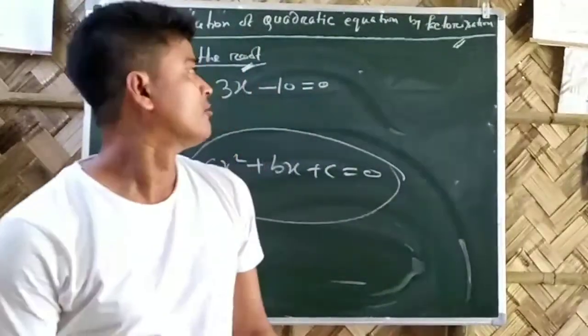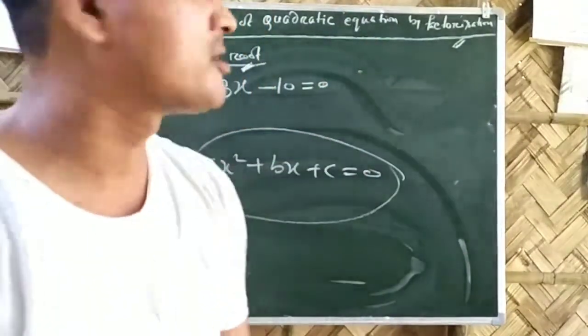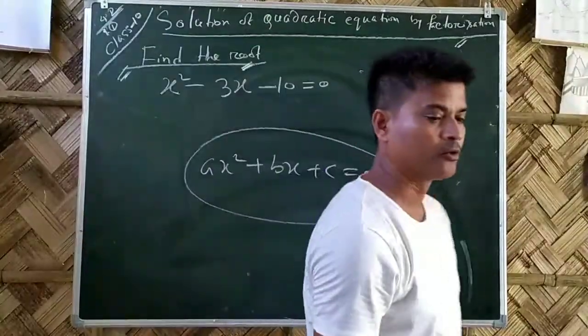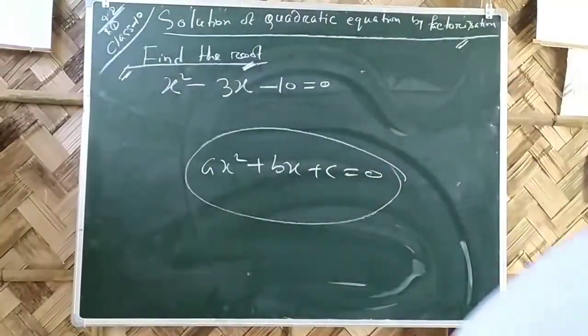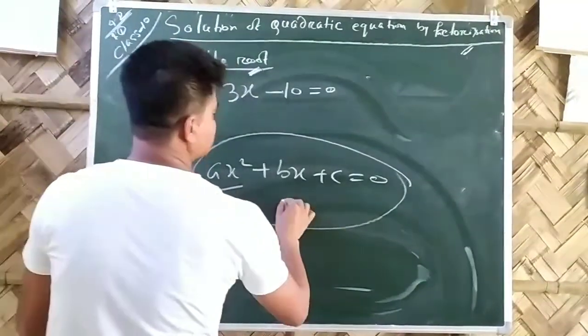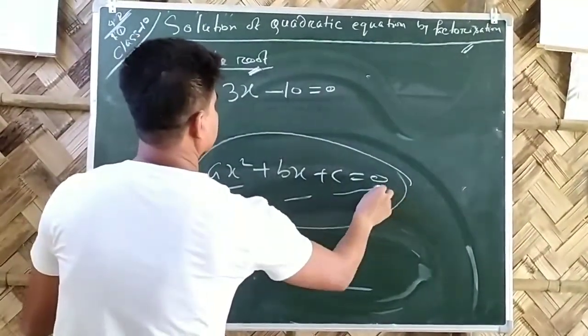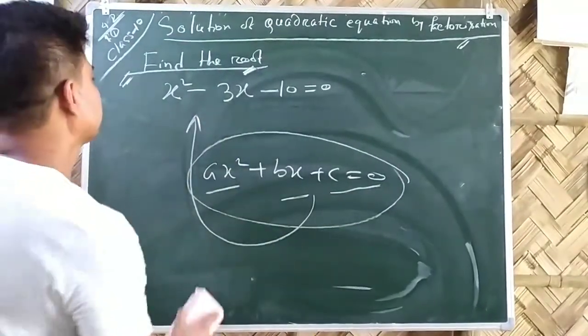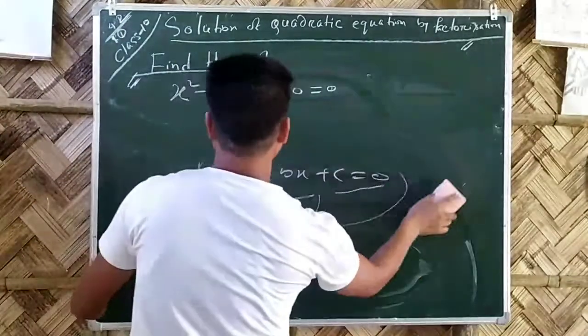So the pattern equation is ax square plus bx plus c is equal to 0, and this is exactly in the pattern of x square minus 5x minus 10 is equal to 0.